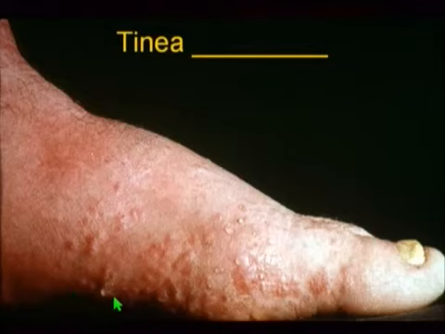This patient has vesicular tinea pedis, and what we're looking at are vesicles along the sole of the foot. And here you can see he's got a big tinea-infected toenail as well. So that helps to point you in the right direction. If someone came in with these vesicles, you may not think of a dermatophyte infection first, but looking at that toenail is going to help steer you in that direction.